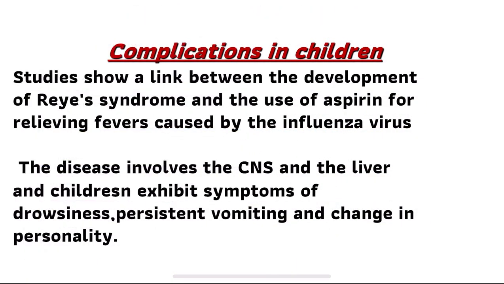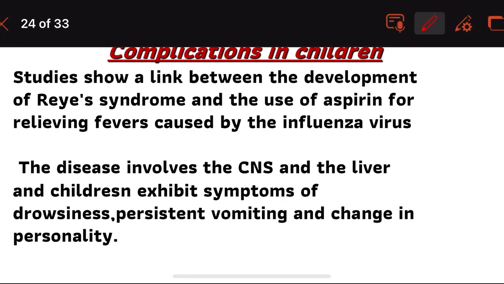Moving further to the complications in children, studies show there is a link between the development of Reye syndrome and the use of aspirin for relieving fevers caused by the influenza virus. So a person suffering with influenza who is given prolonged use of aspirin to relieve the fever is subjected to Reye syndrome.